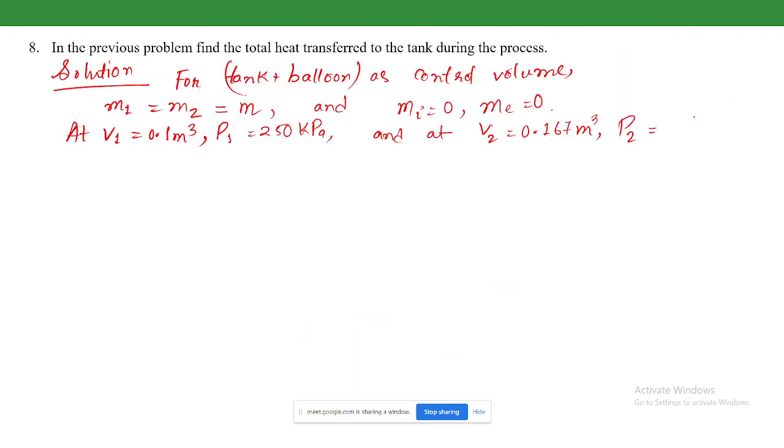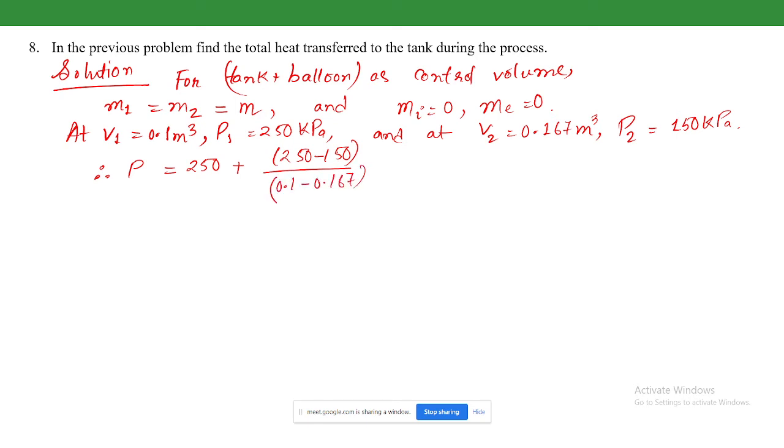So we can write that variation in pressure with volume as P equal to, initially the pressure is 250, plus the difference 250 minus 150 by the difference in the volume 0.1 minus 0.167.